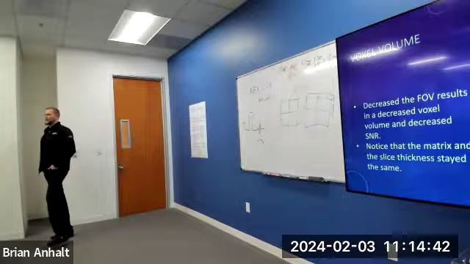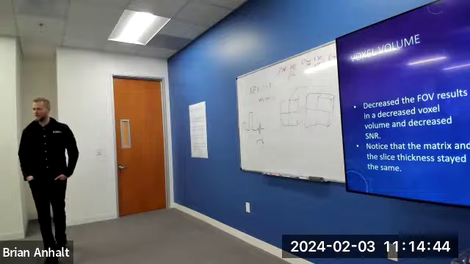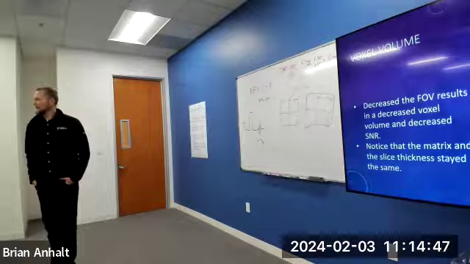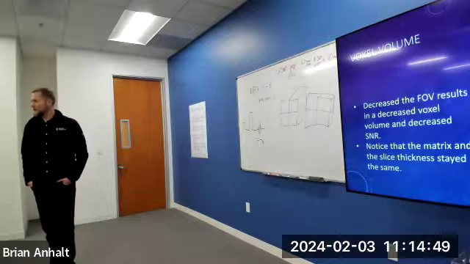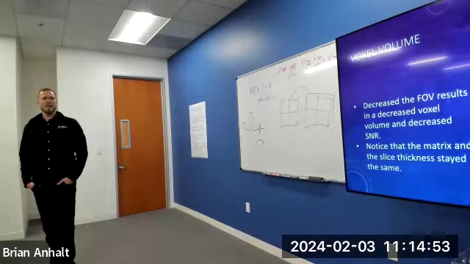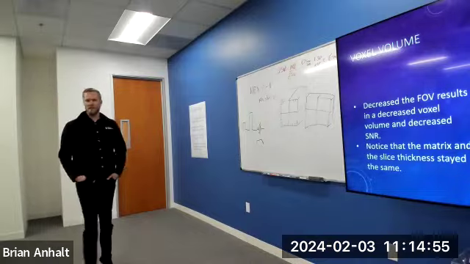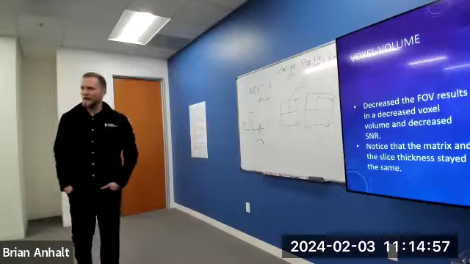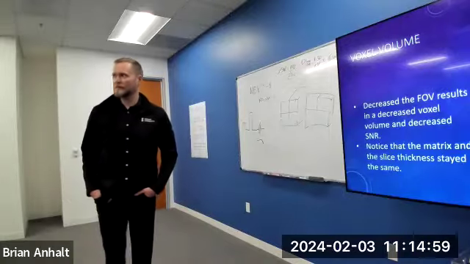If our voxel volume is 1/4 of what it was originally, it decreased our SNR to 1/4 of what it was before, right? So if your SNR is 100 and you take your field of view from 40 down to 20, your SNR is going to be 25.